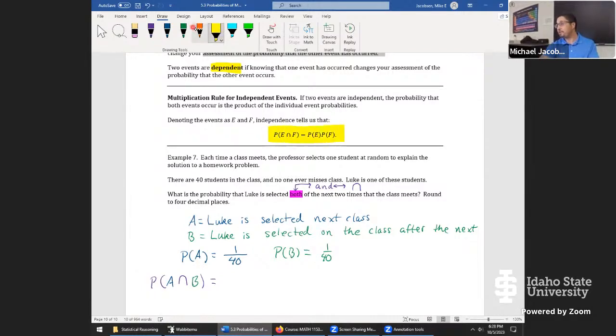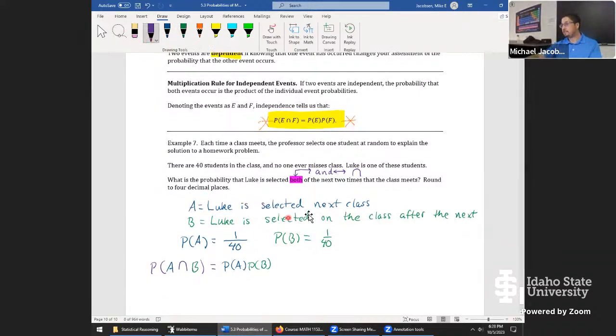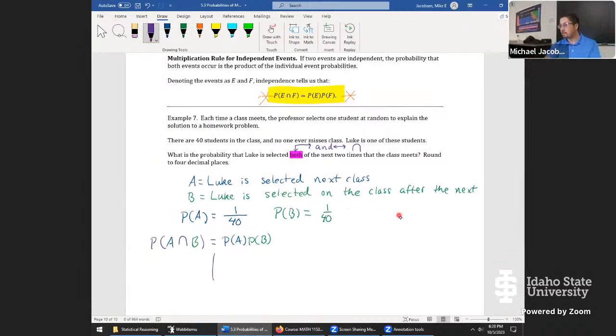That means we can use that formula, put a star on it again, just for emphasis. And now we can write that this is equal to the probability of the event A multiplying the probability of the event B. But let's put this here, just to be specific.